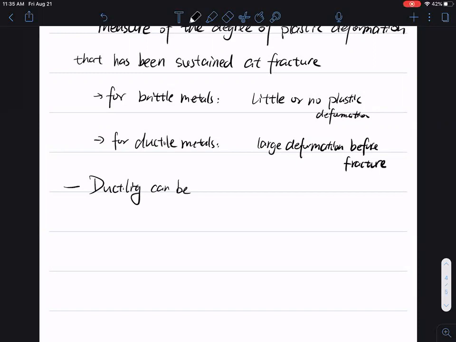We can use a math equation for ductility. And the symbol for ductility, we have two different symbols. The first one is called %EL. That's a percent elongation.